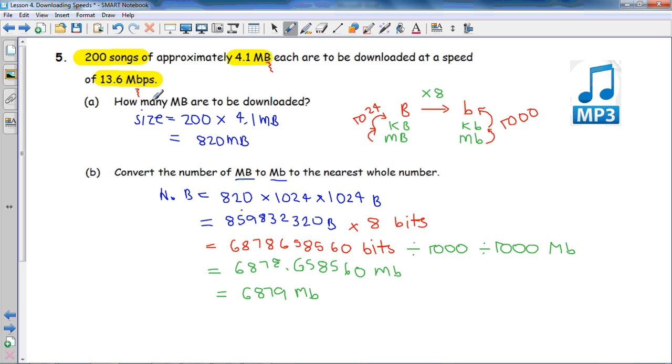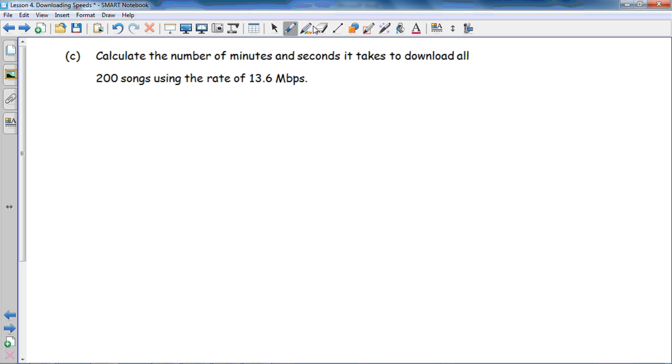Okay. So now we're going to use that number because we want to calculate the number of minutes and seconds it takes to download all 200 songs using the rate of 13.6 megabits per second. So what this means here is that for every second, 13.6 megabits are downloaded, are transferred.